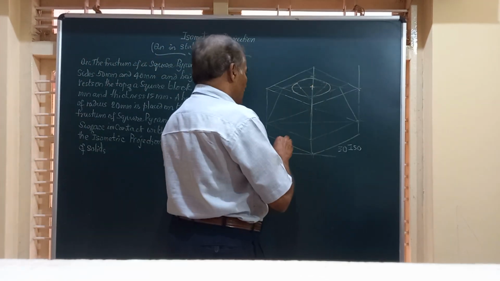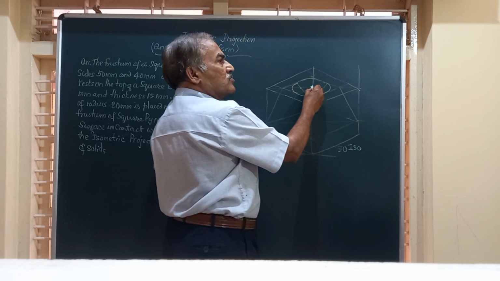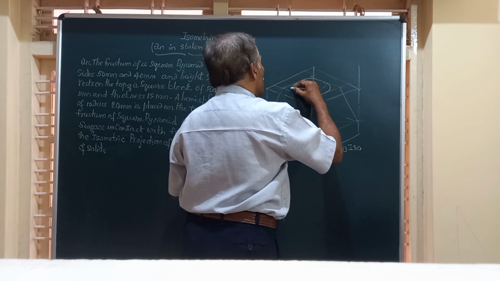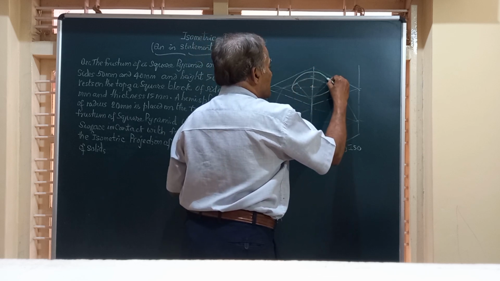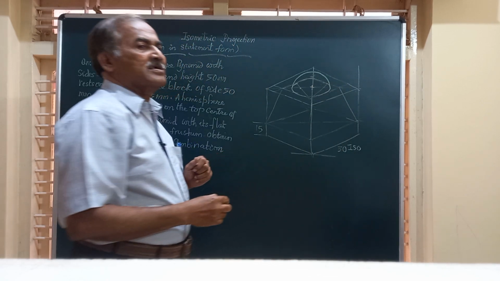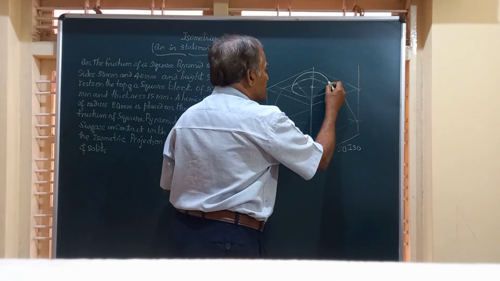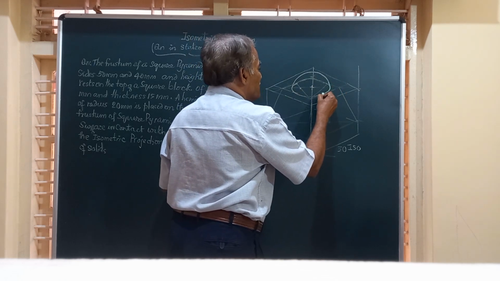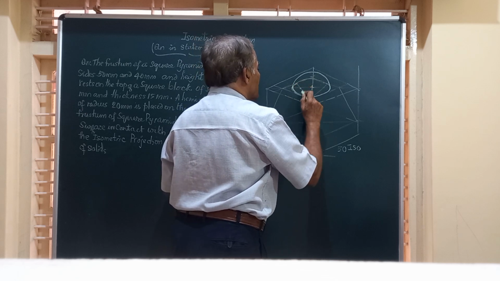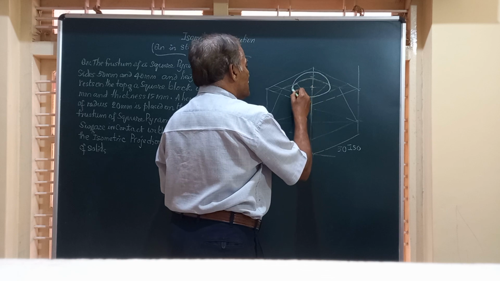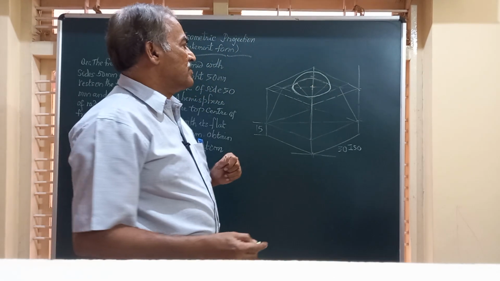From this as center, radius equal to 20 actual, I am going to draw a circle. Something like this, you will get, friend. Now friend, this is the isometric projection of the hemisphere which is in contact with the flat surface of the frustum of a square pyramid.